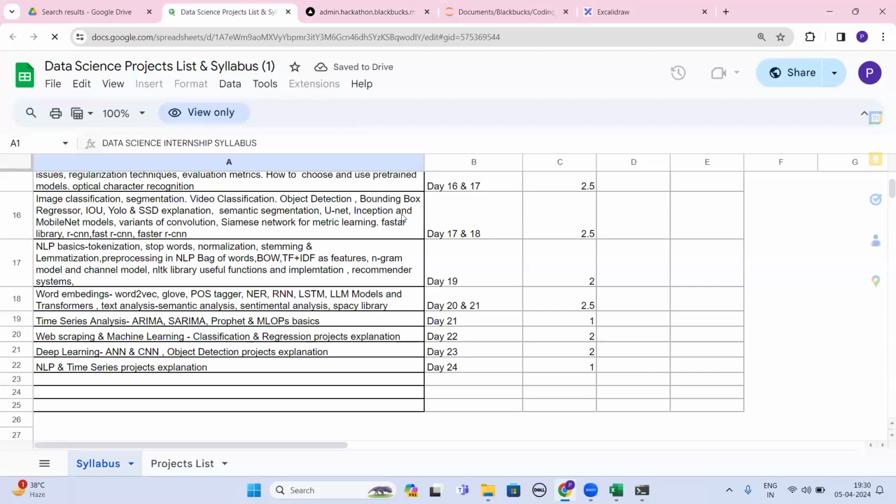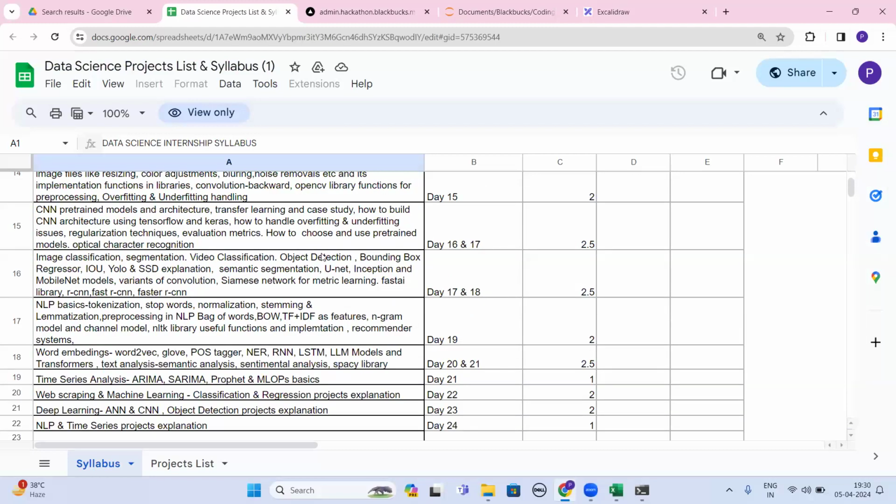See, where it is: Prophet and MLOps basics, right?